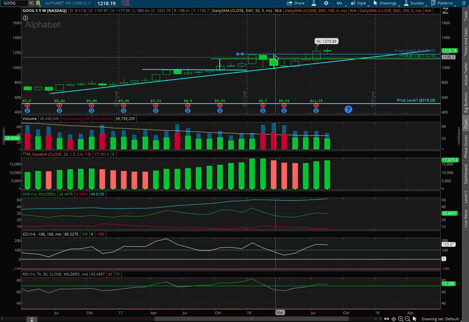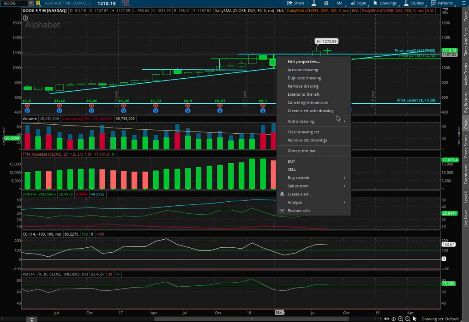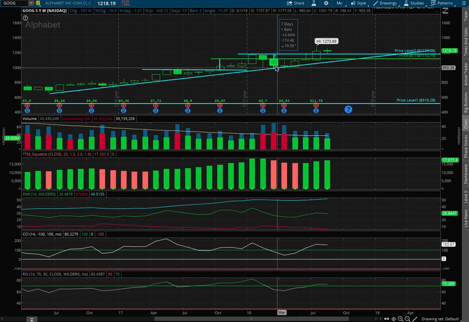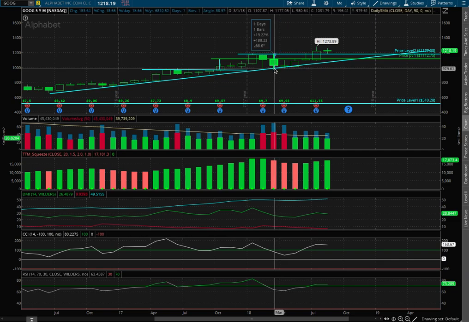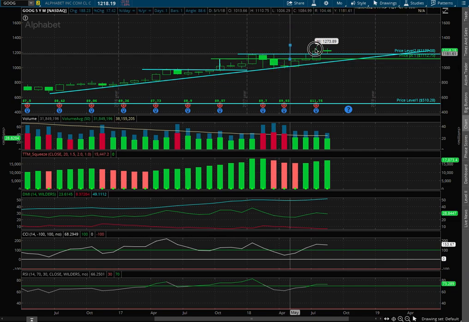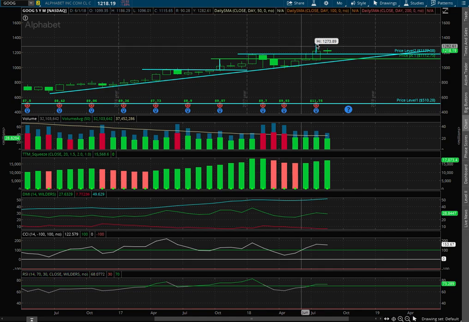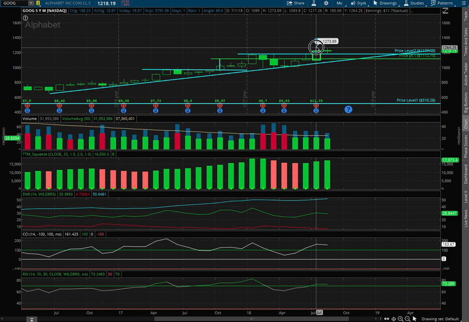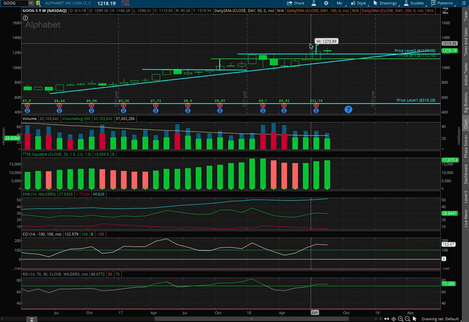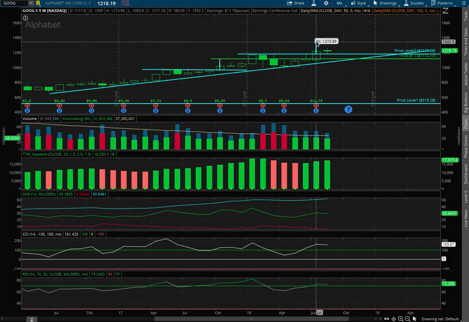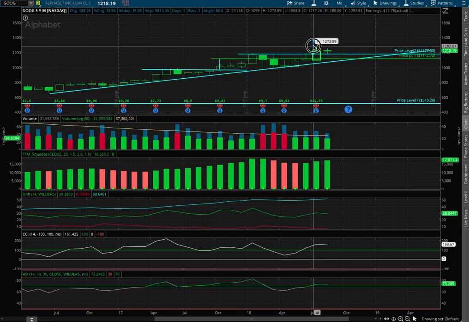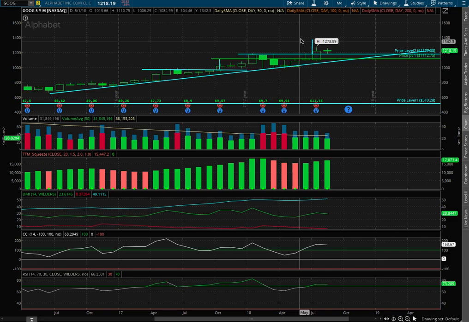So this is about middle. So grab that. It's breaking out here. Breaking out here. Let's move that over so I could see. There we go.